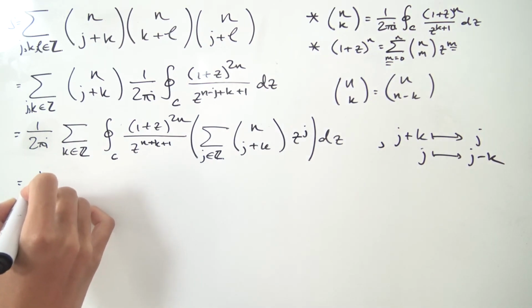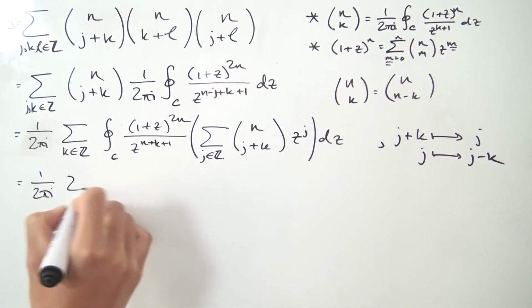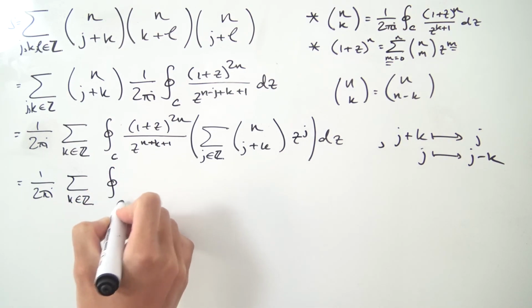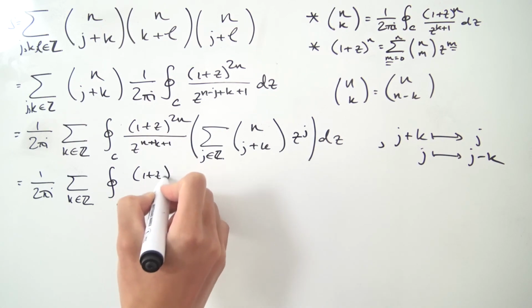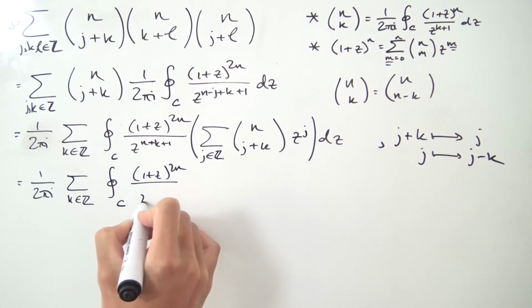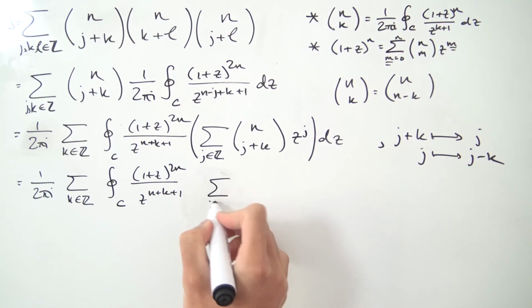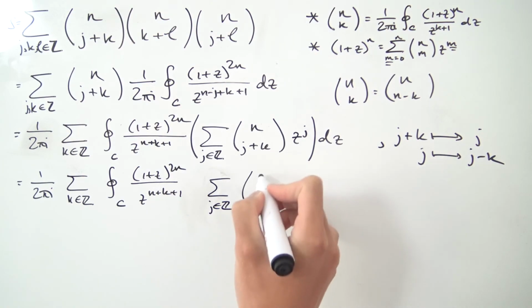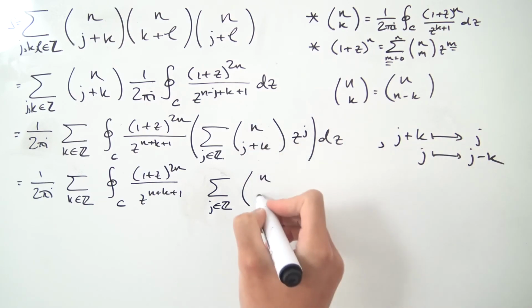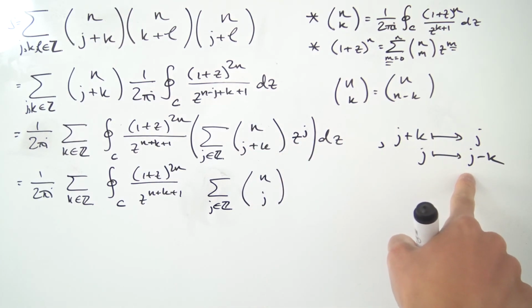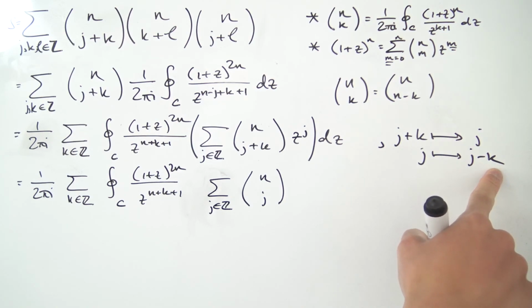Okay, so now we have 1 over 2 pi i, sum over k, contour integral over c, (1 plus z) to the 2n over z to the n plus k plus 1. Now we have the sum, j over the integers, j plus k becomes just a j, and then we have a z to the j divided by z to the k.